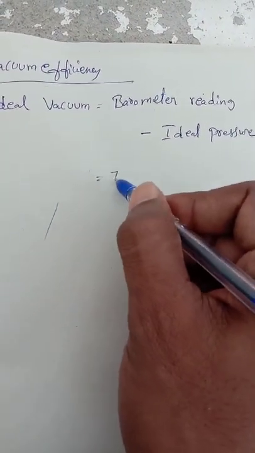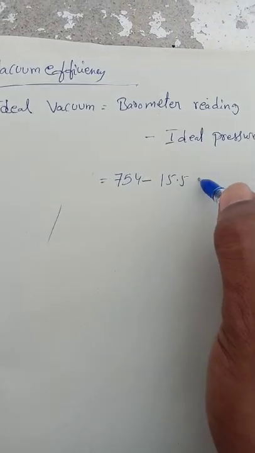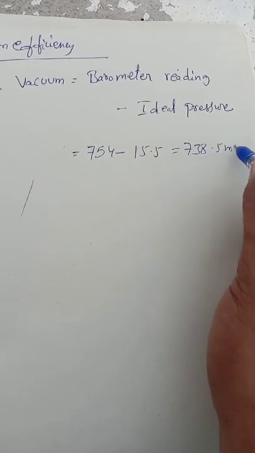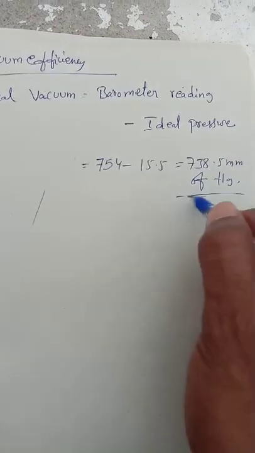That is equal to 754 minus 15.5, which is 738.5 mm of Hg.